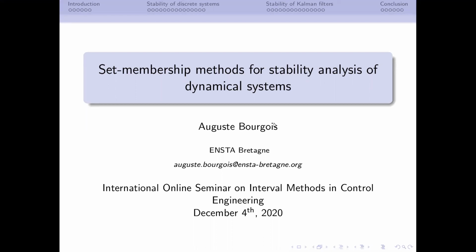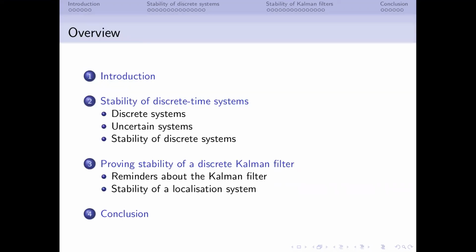My talk today will be about set membership methods for verifying stability of dynamical systems, and in particular Kalman filters. I'll start by introducing the context of my thesis, but also this talk.